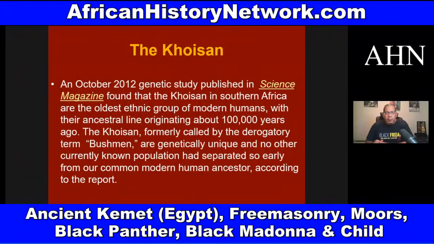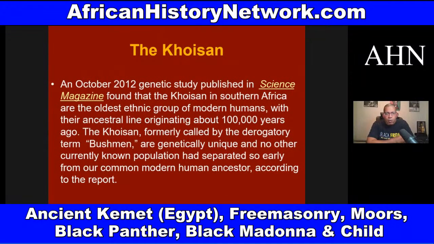So the Khoisan: an October 2012 genetic study published in Science magazine, another scientific magazine that covers archaeological discoveries, found that the Khoisan in Southern Africa are the oldest ethnic group of modern humans, with their ancestral line originating about 100,000 years ago.